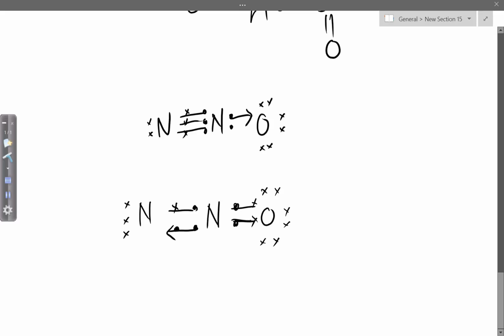The easiest example which shows this kind of bonding is actually your carbon monoxide. Right? Carbon monoxide looks like it's very simple to draw. Correct? But if we were to draw a dot and cross, what do you realize? This is actually one of the examples previously. You realize that if you draw it in this way, carbon actually has 5 electrons. Oxygen actually has 5 electrons as well, which doesn't make sense.